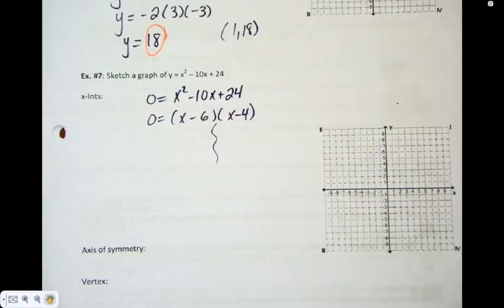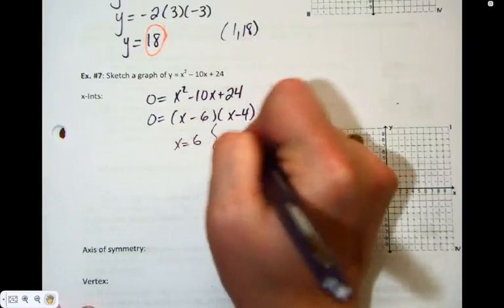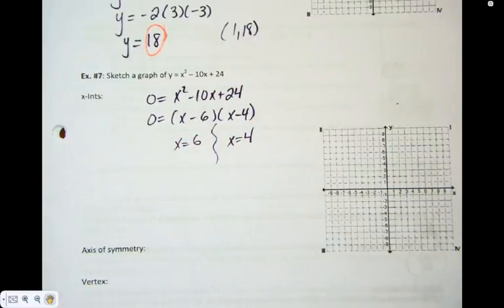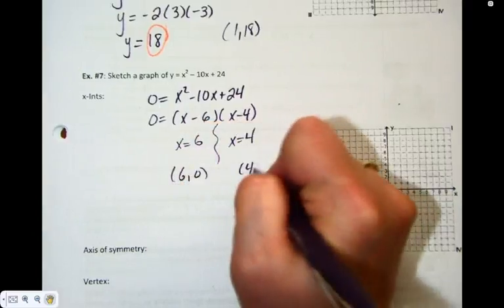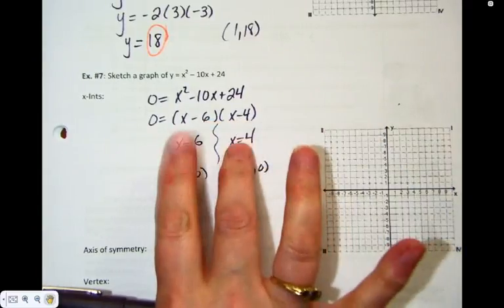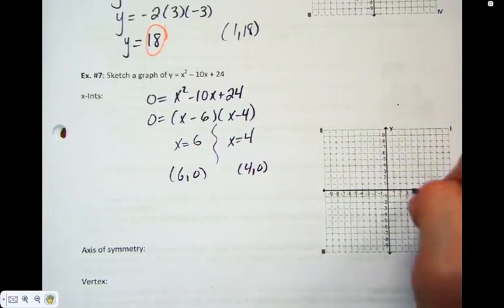Split and solve. I always like to write them as intercepts so that it's really clear what we're doing with them, because they kind of look like axes of symmetry when we leave them like that. So I like to write them as coordinate points so my brain sees I've got to plot these points.